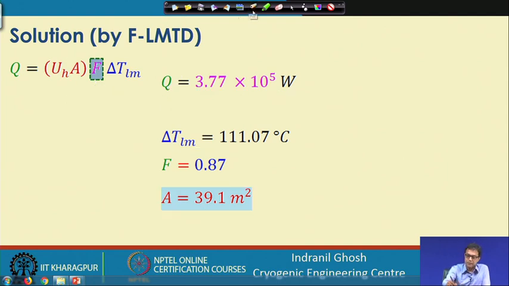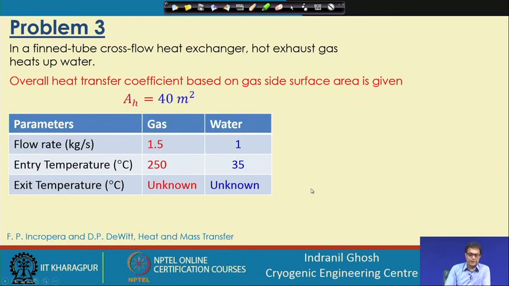Now we will try to solve the same problem, but we will change it from a design problem to a simulation problem. In the earlier calculation, we were trying to evaluate the heat transfer surface area necessary.